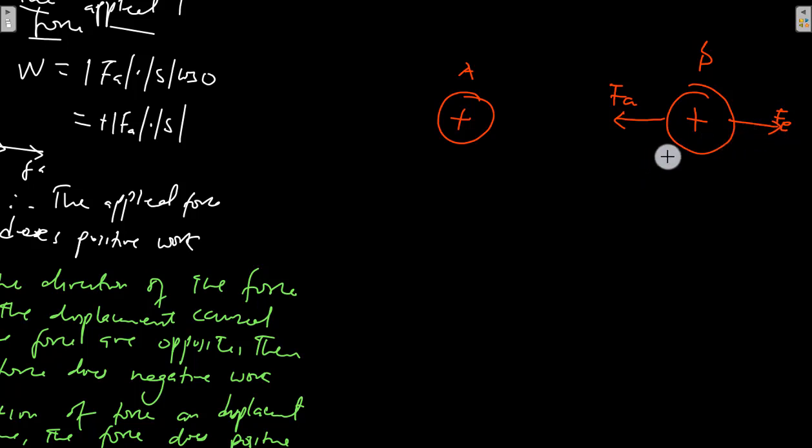Let me call that Fe, which is opposing the force from the charge B coming this side. So let's examine which of these forces is positive and which one is negative. The force doing positive or negative work depends on which force has the greater impact. So let's assume Fa is greater than Fe.